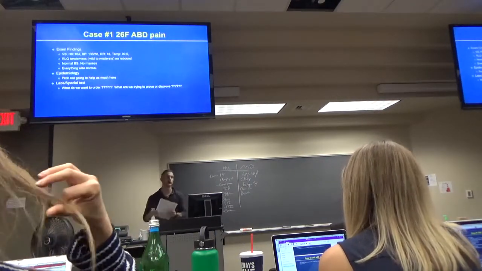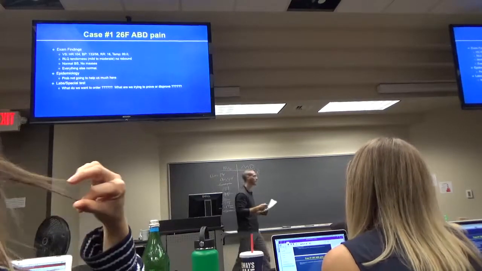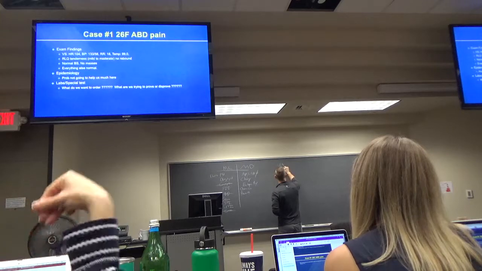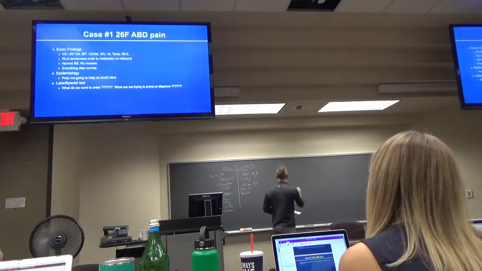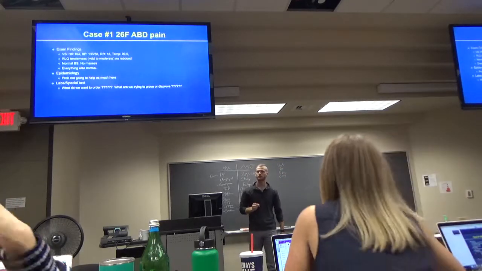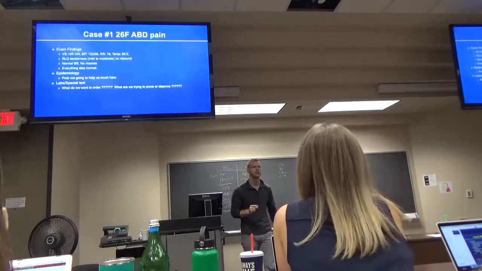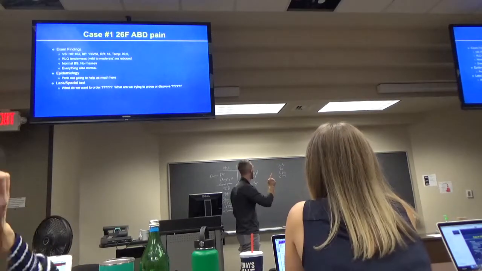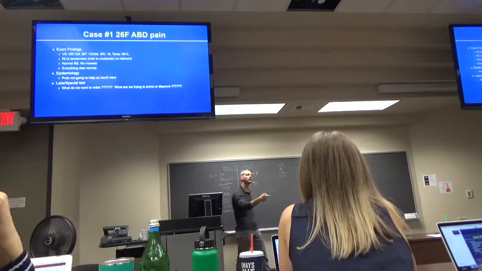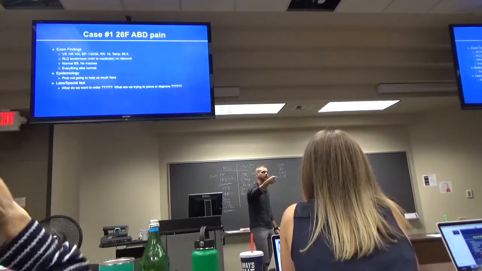Okay, now labs. Do you guys want to order any labs? She wants to do a UA, pregnancy, CBC, CMP. Why are we ordering those two? White blood cells for the CBC. If they have an elevated white blood cell count, does that make your diagnosis?